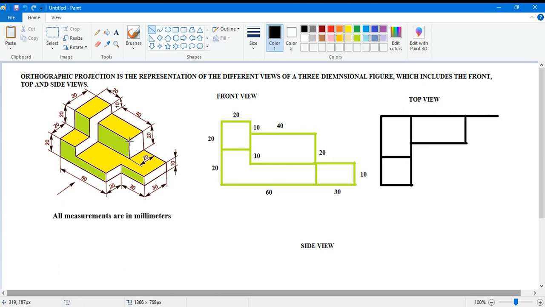You see I have this. I will do this now. Bring it a little bit down. Now I need to draw this line, which I represented here.